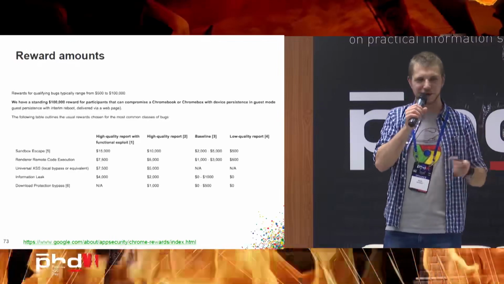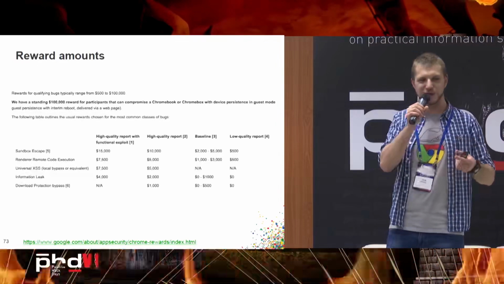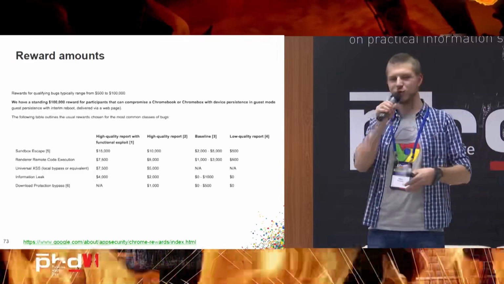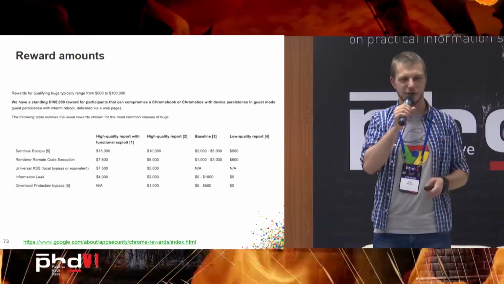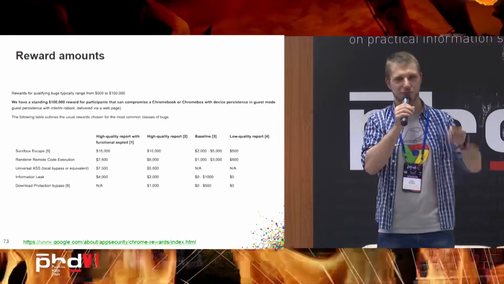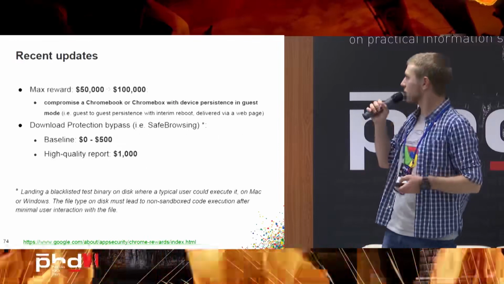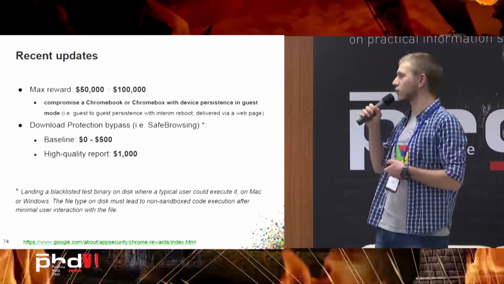You can also get about the same amount of money, because if you started with a leak, that will already get you about 4,000. Then a sandbox bypass. You can also get a bonus for a high quality exploit, so that way for a string of bugs you can get like 30,000 USD easily. But that's for a sequence, right? For a string of them.